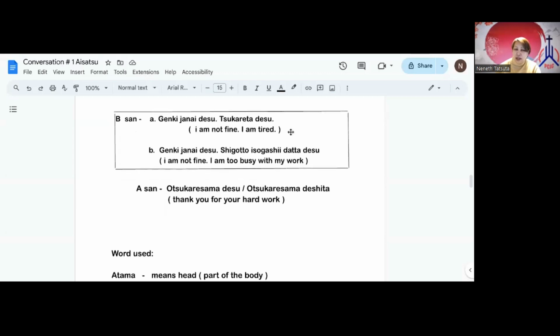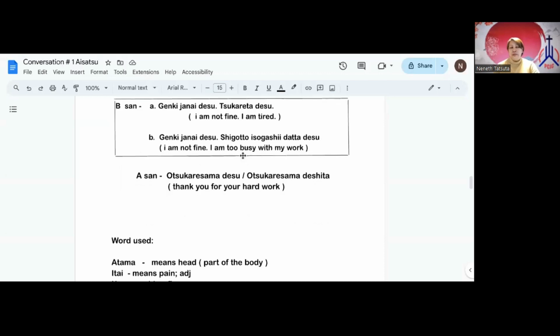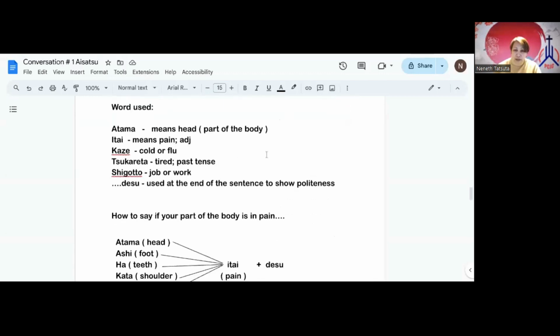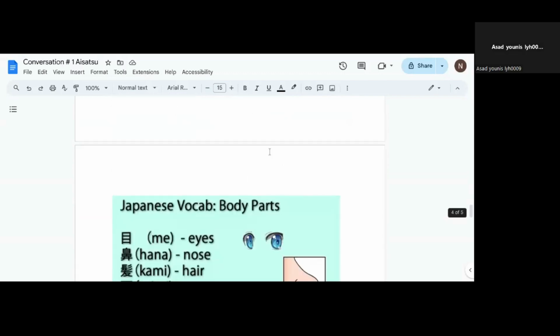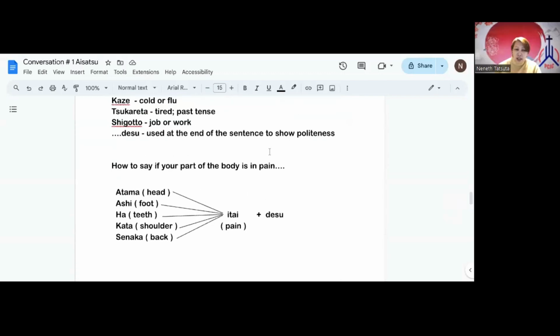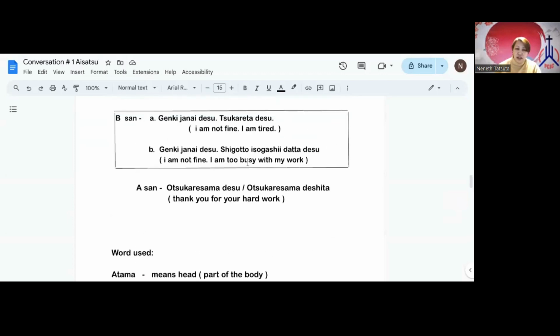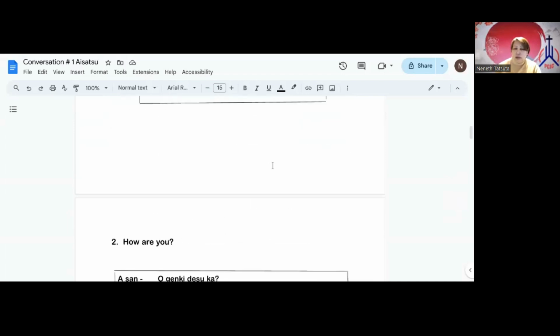So you can have this pattern according to the vocabulary. I also gave you the vocabulary last night. So you can construct your sentence by this conversation. From now on, I'm going to give you conversation practice.